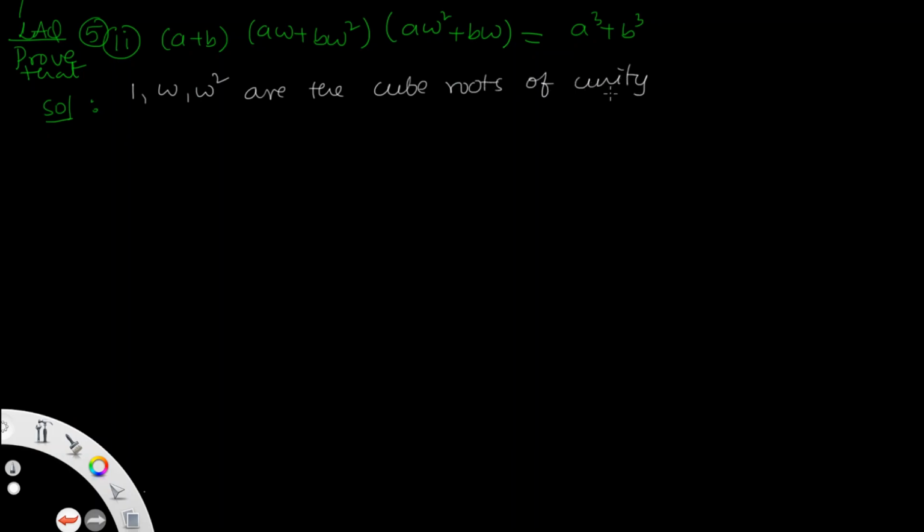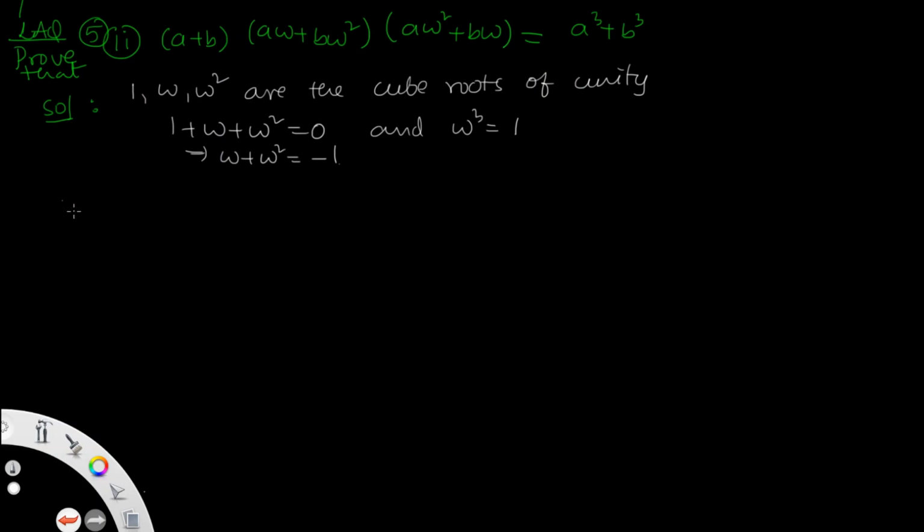Then we have 1 + ω + ω² = 0 and ω³ = 1. So we can write ω + ω² as nothing but minus 1.